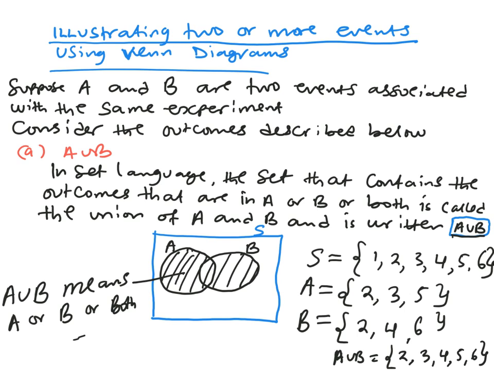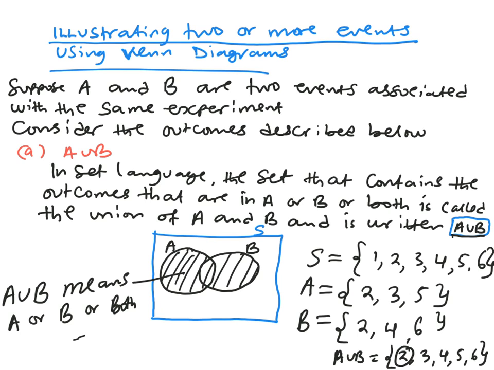It is the set that contains elements that are in A or in B or in both. If an element is in both A and B, it is written once in the union. Don't write it twice. 2 belongs to both A and B, so you write it once. That set is what we have tried to illustrate to emphasize what you have learned in set theory.